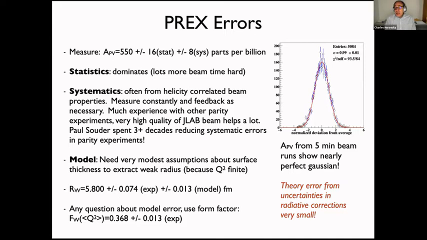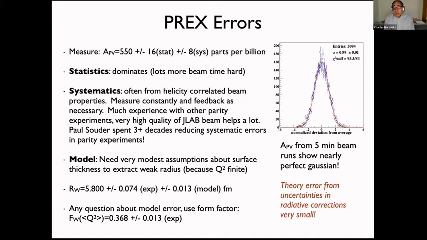And therefore, we need to make very modest assumptions about the surface thickness of lead. And these assumptions about the surface thickness lead to this small model error, something like plus or minus 0.013 Fermis, which is small compared to the total error, which is dominated by experiment, dominated by the sum of the statistical and systematic errors.